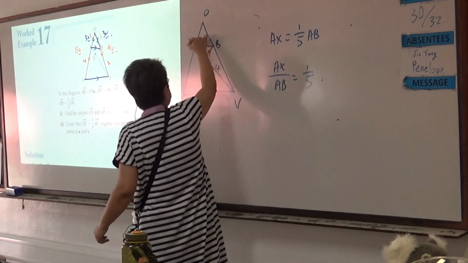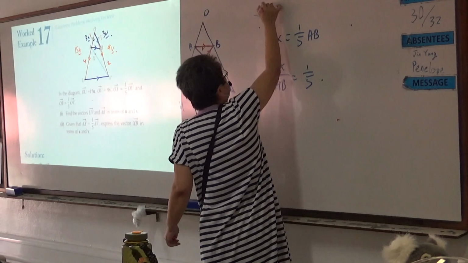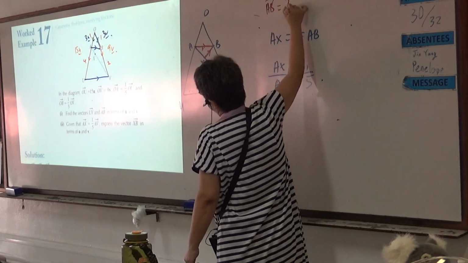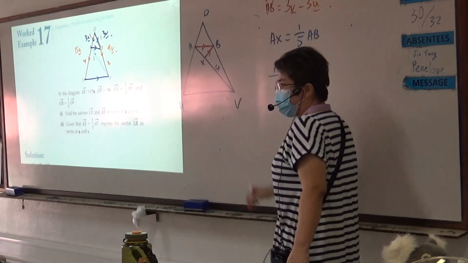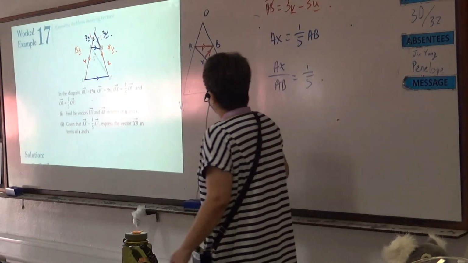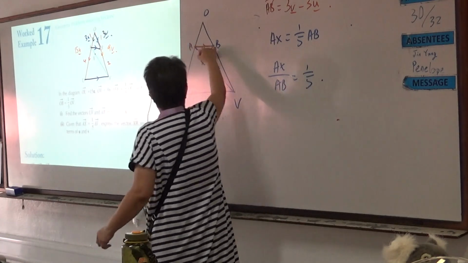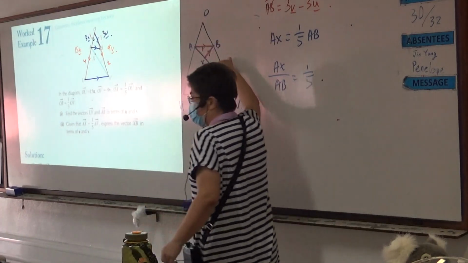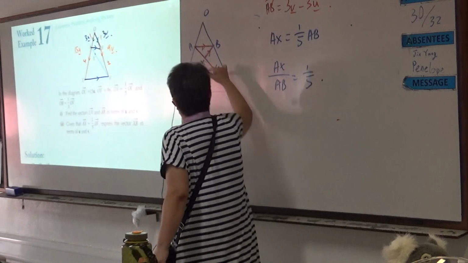Okay, now just now I found AB, right? What is AB? 3V minus 3U, right? Correct now? Okay. Now, all of you look, this is AX, right? Can you see this way is AX? Okay. How do I find AV?